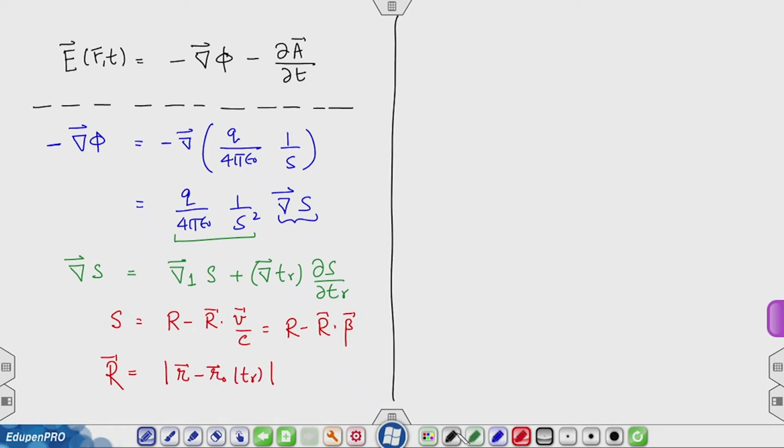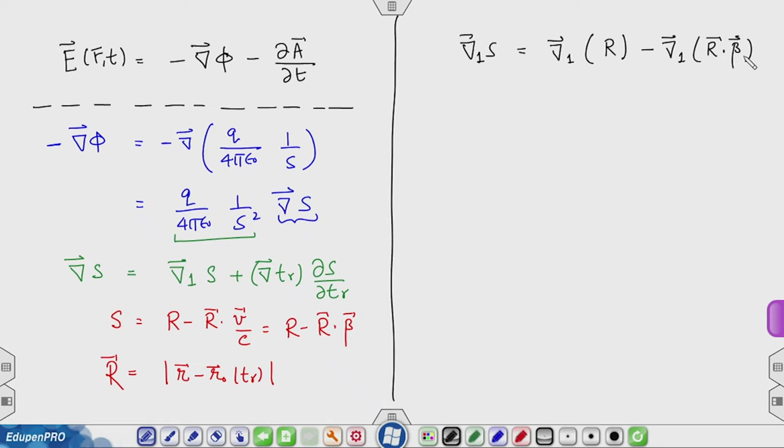So, first let us calculate grad 1 of S. This is an explicit derivative with respect to R alone. So, this is grad with respect to R of R minus grad with respect to 1 of R dot beta.